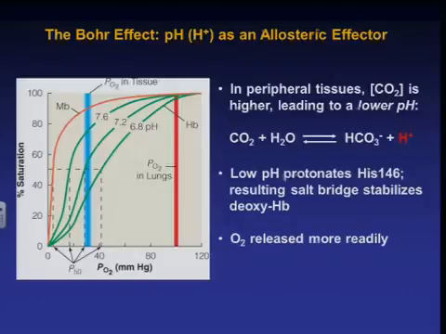All right, so let's say you look at binding of oxygen at different pHs. So here's myoglobin. What kind of curve is that for myoglobin? Rectangular hyperbola, right?